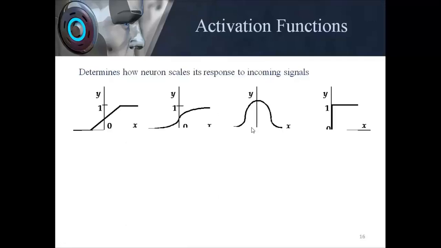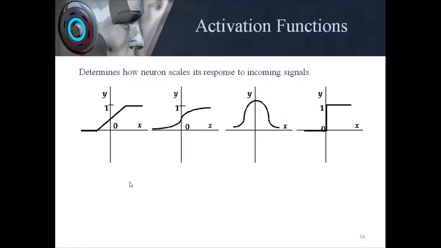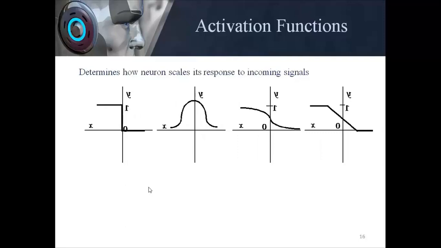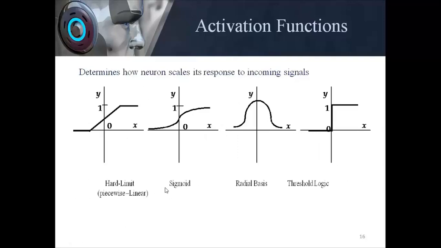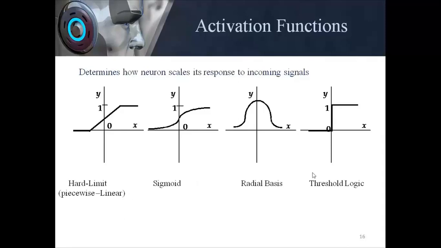An activation function can be any function, like a hard limiting function, a sigmoid function, a Gaussian radial basis function, or a threshold function. Any function with one requirement: it must be differentiable. Why is it required to be differentiable? We will see this.